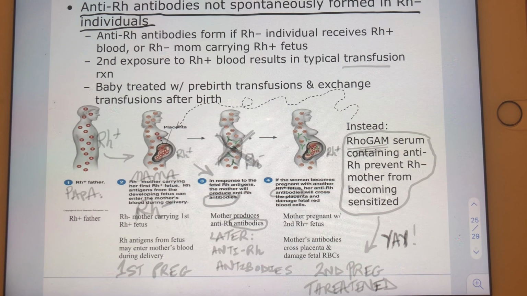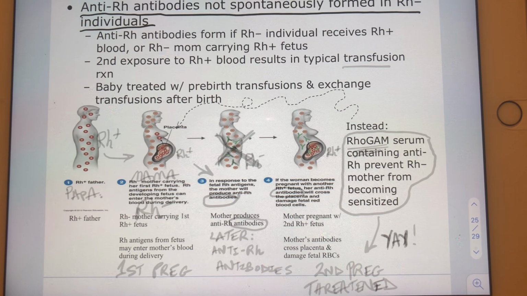Whereas, in the case of ABO blood types, antibodies are generated spontaneously. Okay, so this means that someone who's Rh negative, even though they have the capability, they're not going to generate anti-RHD antibodies unless they're exposed to the RHD agglutinogen.